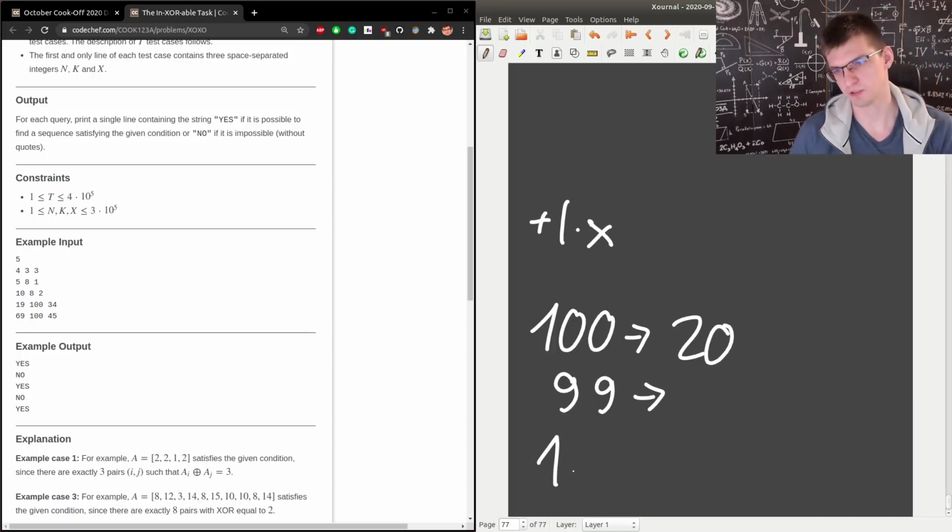I would be very surprised if we need to use something like this, 1 times 10. No, it's better to use twice 5.